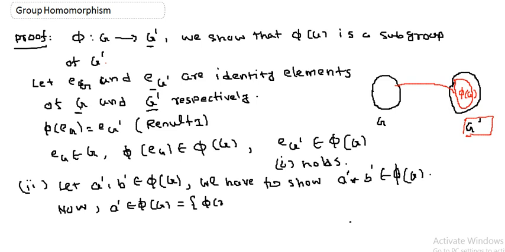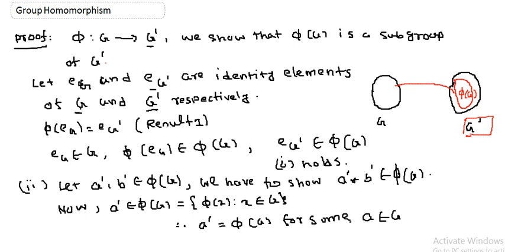It is a collection of all phi of x, where x is an element of G. Therefore A dash equals some phi of A for some A belonging to G, because all elements of phi of G are of the form phi of x for some x of the group G. So A dash must equal some phi of A for some element A belonging to the group G. Similarly B dash, so let me erase this part and write over there.